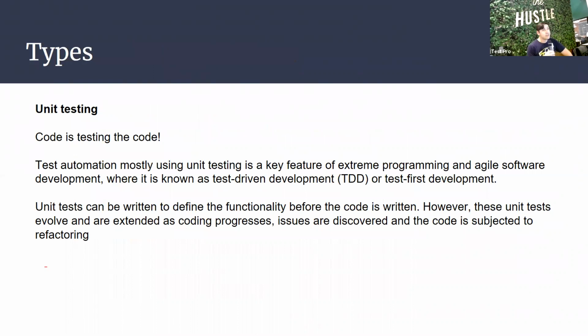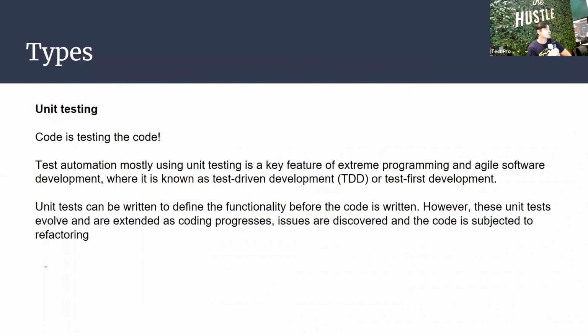So the first type of testing would be unit testing. And this is what usually developers do as a part of writing code for the application. So basically they write some other methods or functions to test their own code.